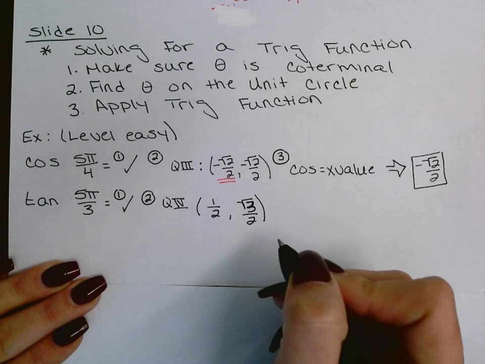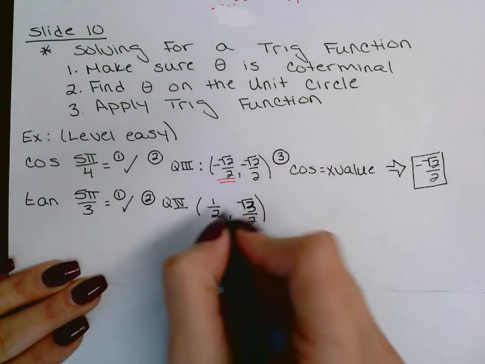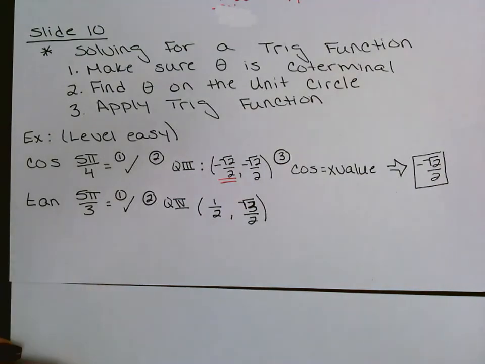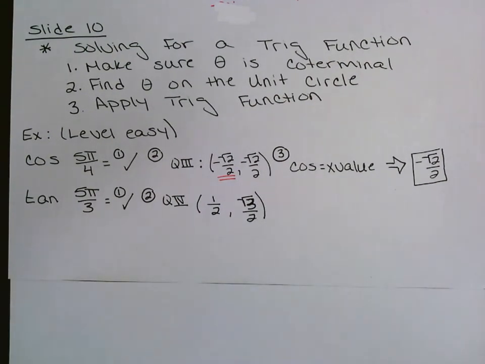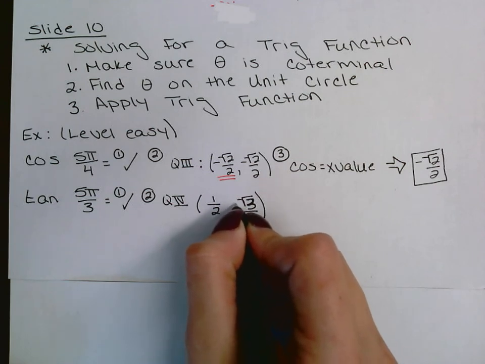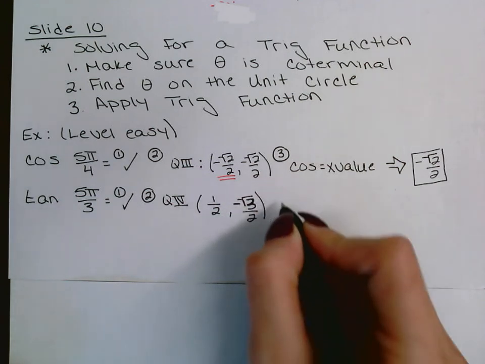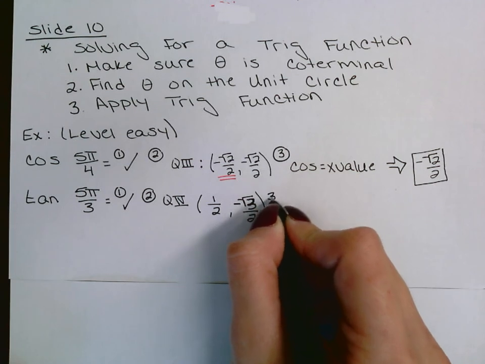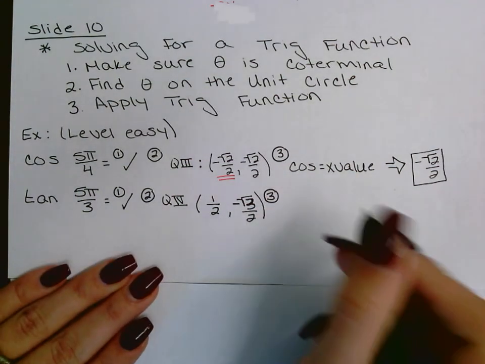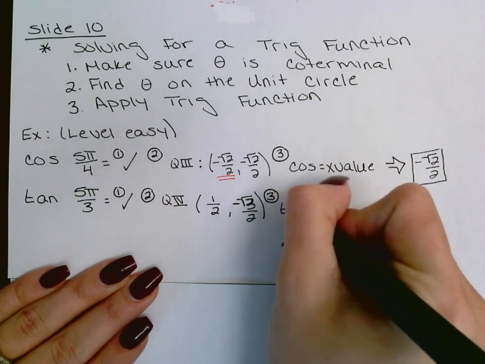And in quadrant 4, my sign should be, with a finger trick, sine over 3. And in quadrant 4, I know that only the y is negative. Okay? And now, what is my rule for tangent?